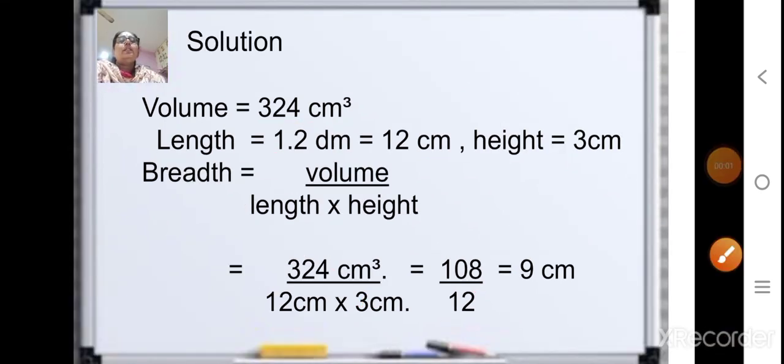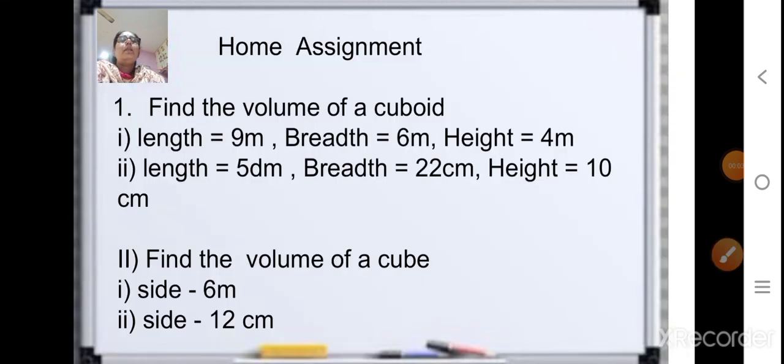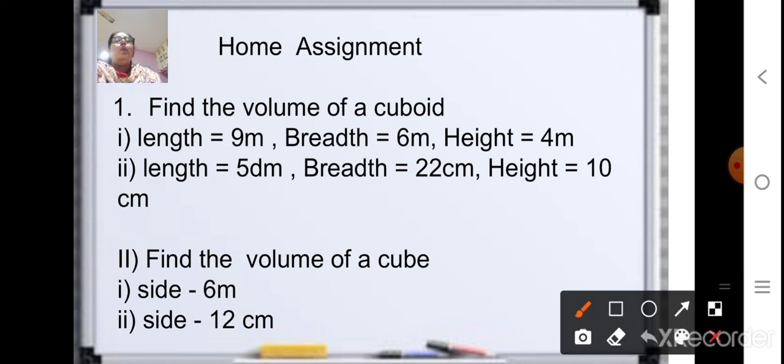Okay, now based on this topic, some home assignment sums for you. In the first one you have to find the volume of a cuboid, where the length given is 9 meter, breadth is 6 meter and height is 4 meter. So to find the volume of a cuboid, it is length into breadth into height. So that will be 9 into 6 into 4. And the second one is length is 5 dm, that is decimeter, breadth is 22 centimeter and height is 10 centimeter.